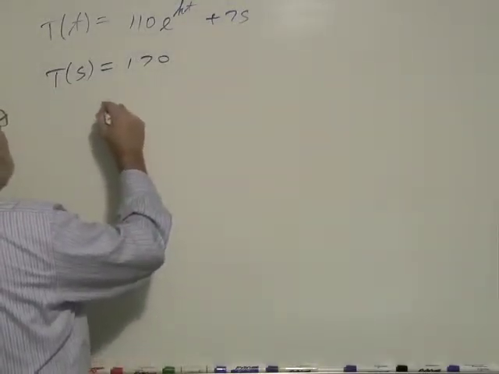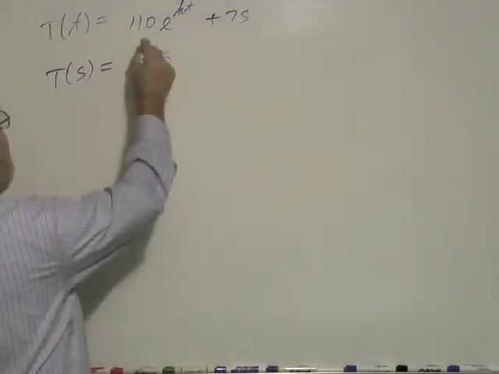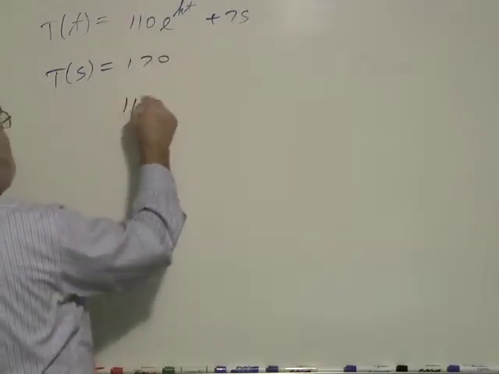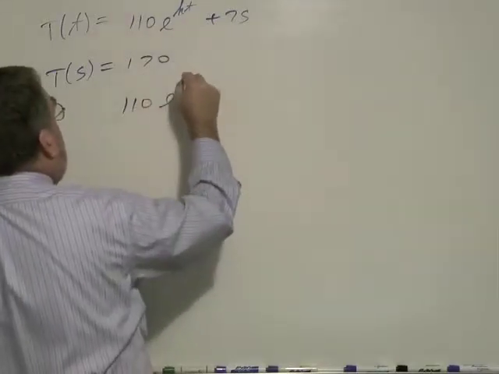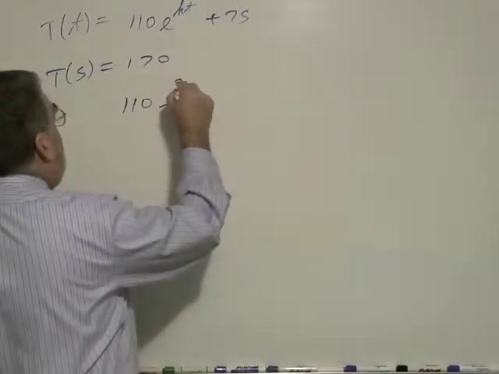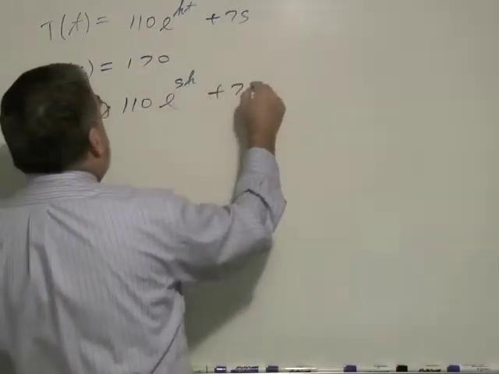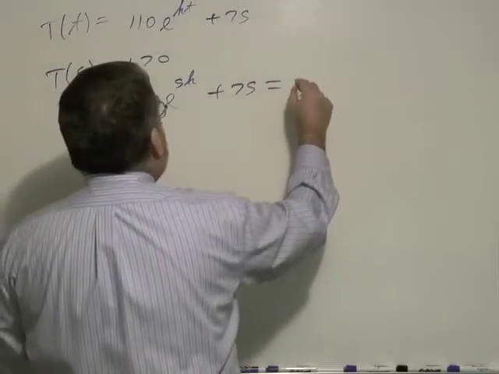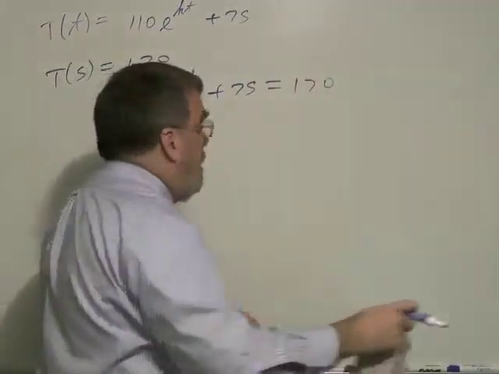So T of 5 would be 110 e to the 5k plus 75, which is equal to 170 degrees.